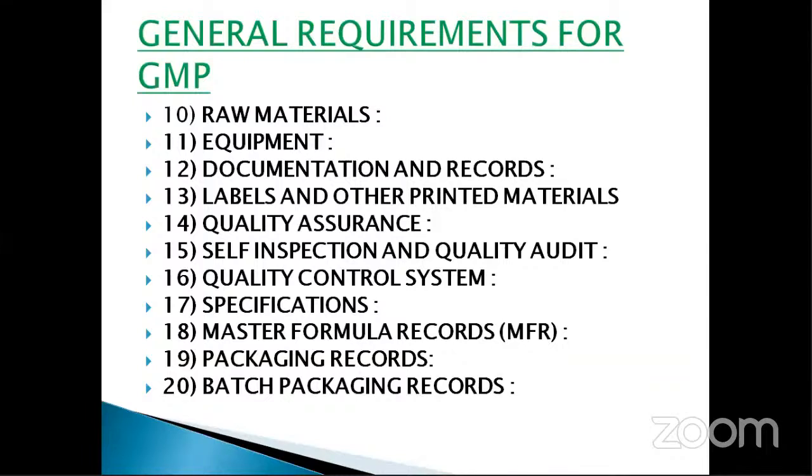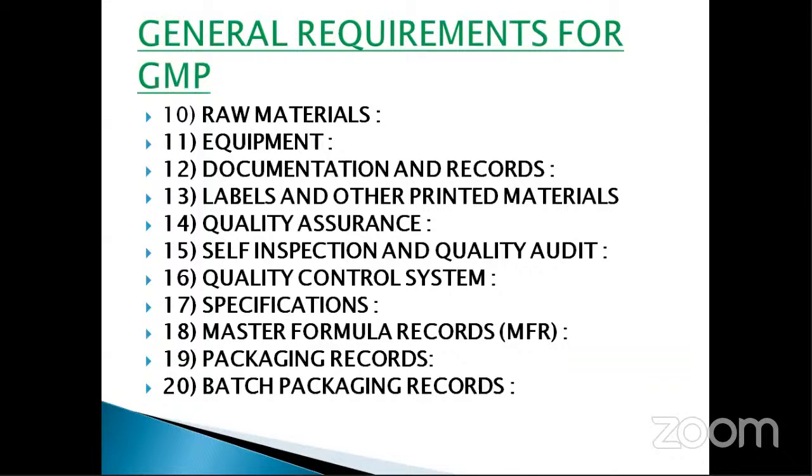Its aim is to define the specifications for all materials and methods of manufacturing and control, and to ensure that all personnel concerned with manufacture know the information necessary to decide whether or not to release a batch of a drug for sale, and to provide an audit trail that shall permit investigation of the history of the product. So all SOPs should be there, and you have to see whether the requirements of the SOP have been maintained or not.